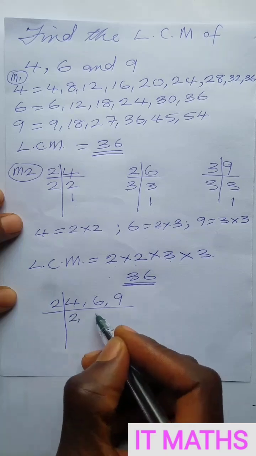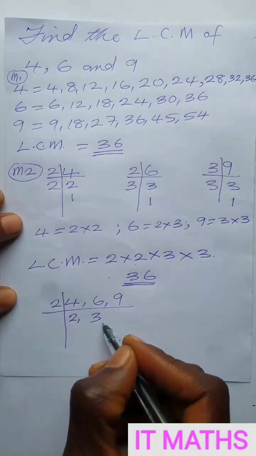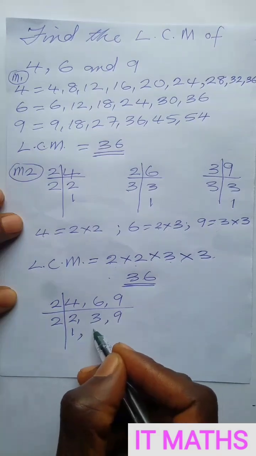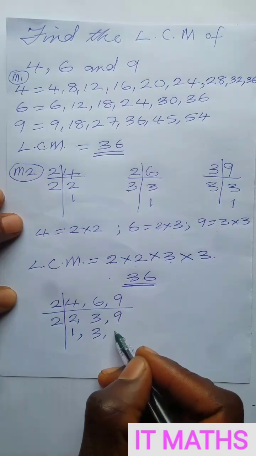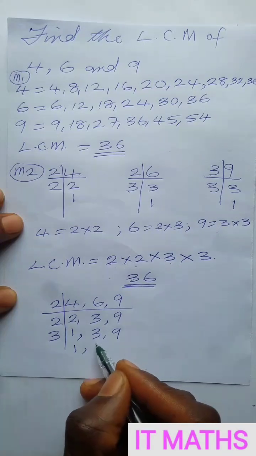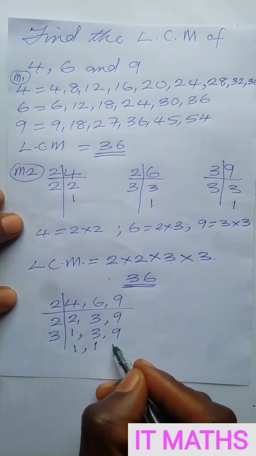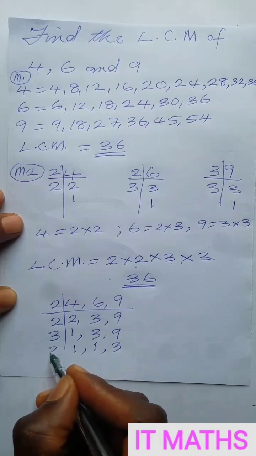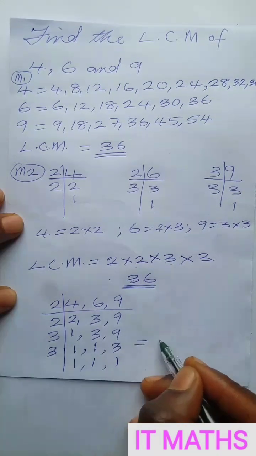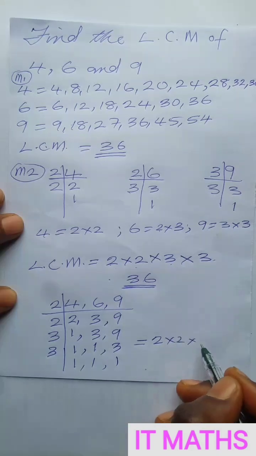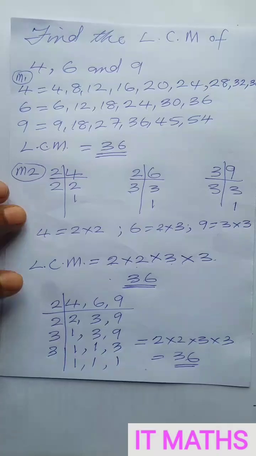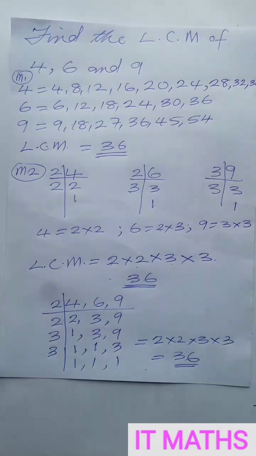So 2 here, 2 here, can't go here, 2 can still go, can't go here, can't go here, 3, 1, 3 can still go, 1, 1, 1. So our answer becomes 2 times 2 times 3 times 3, which is 36. I hope that is clear.